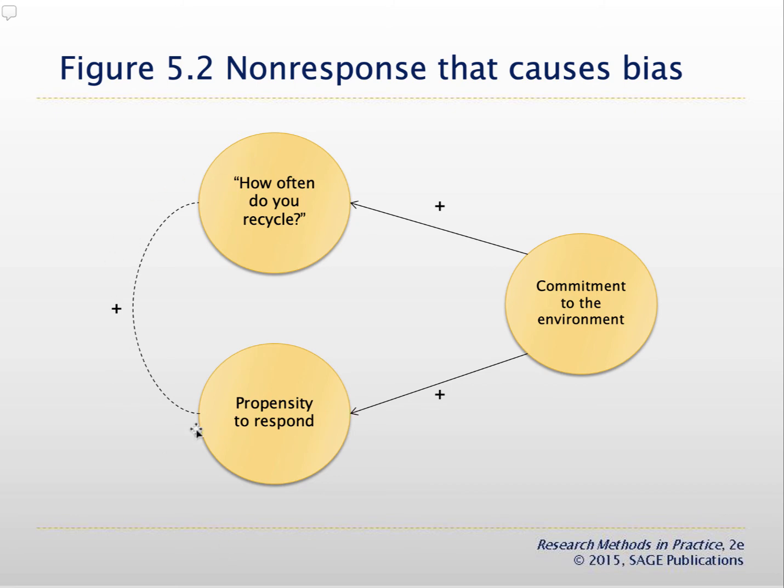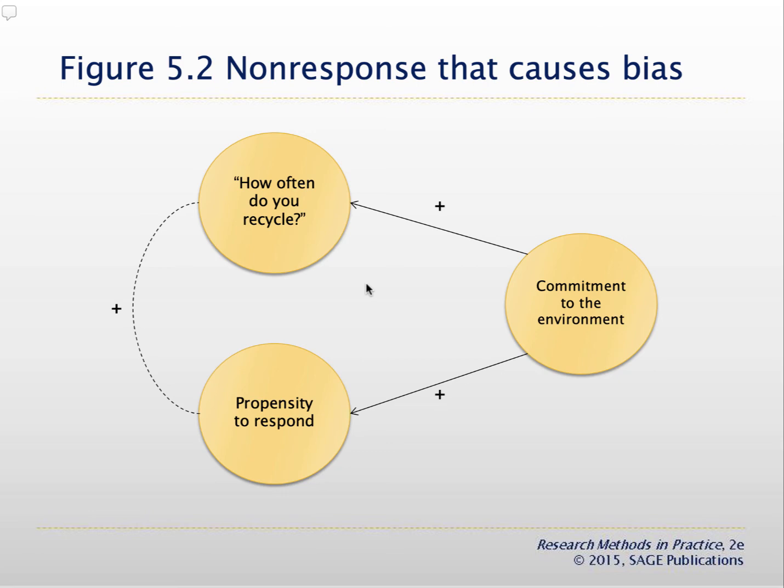What does that mean? In both this analysis and the other, there's a relationship between the propensity to respond and how often you recycle. What does that do? It means that the pool of respondents is disproportionately recyclers. Recyclers are overrepresented.